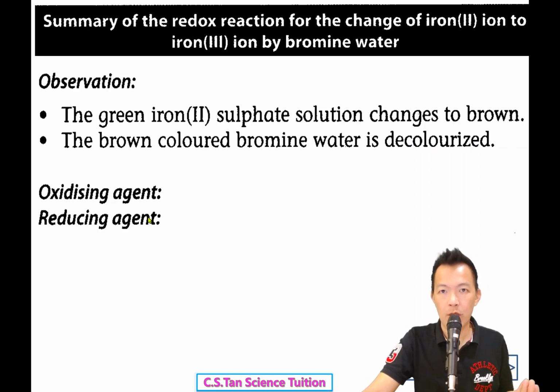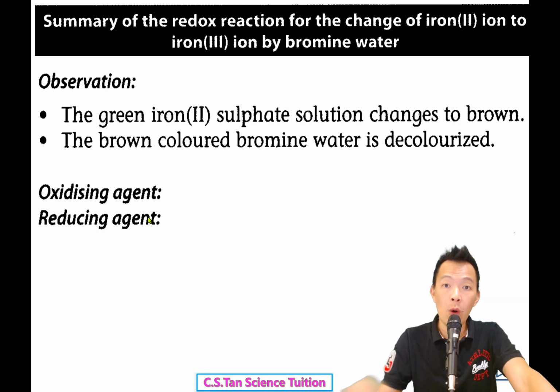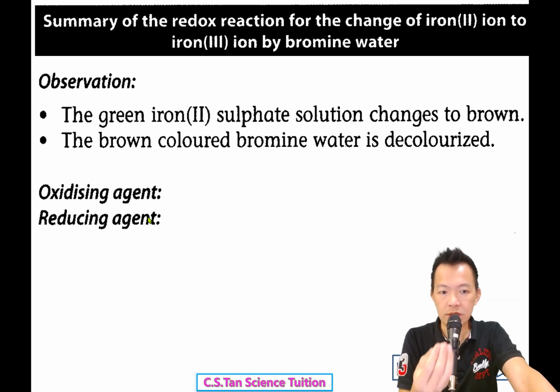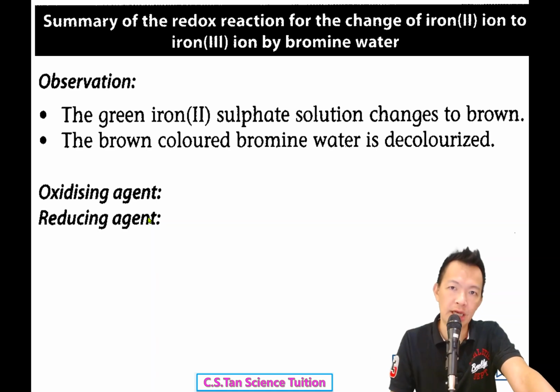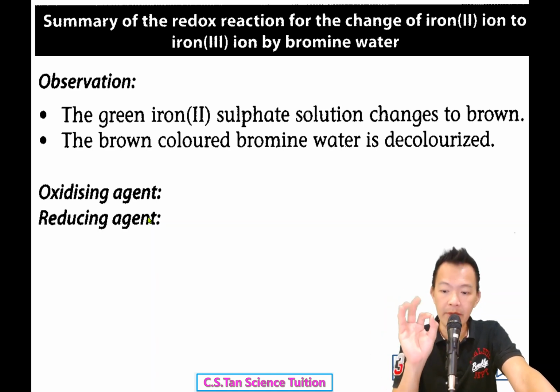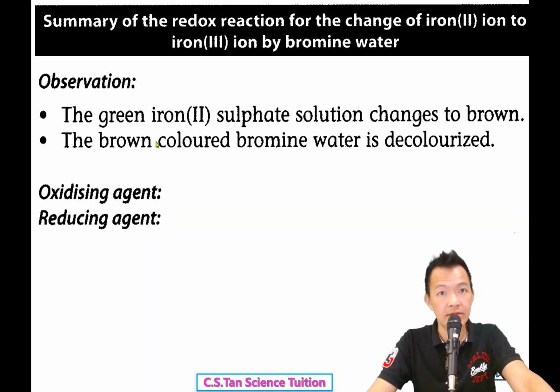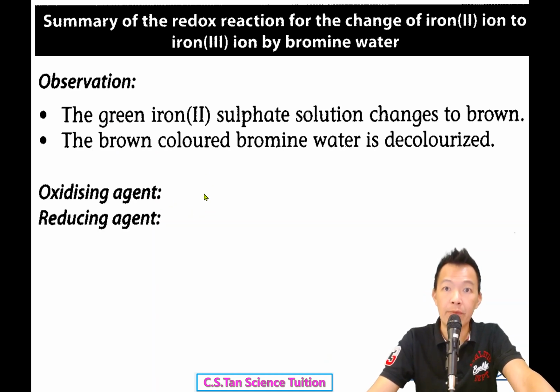So today, who is the oxidizing agent? Who oxidizes iron 2 to become iron 3? Bromine. Remember when I talk about agent, it can be applied on the reactant only. So oxidizing agent is bromine water or bromine molecule. But who is the reducing agent, who reduces the bromine into bromide?